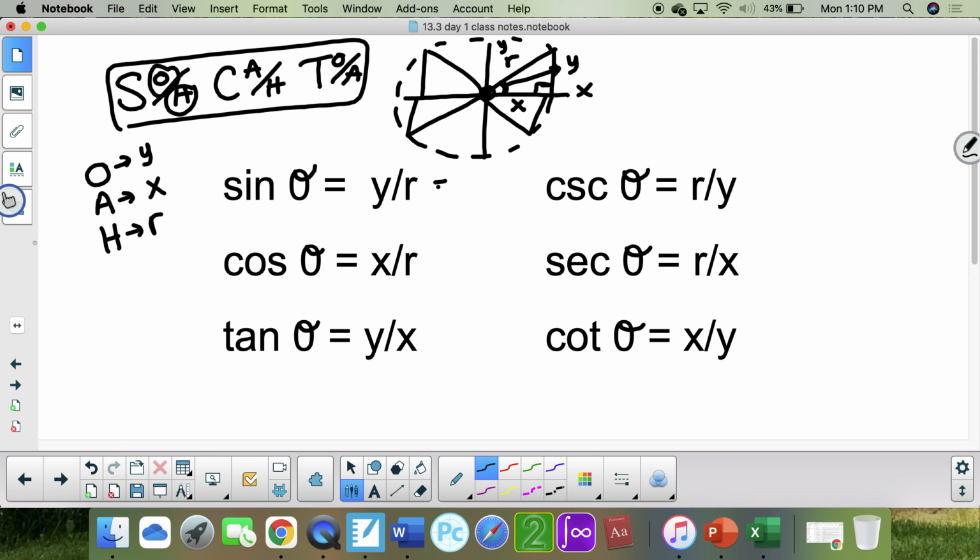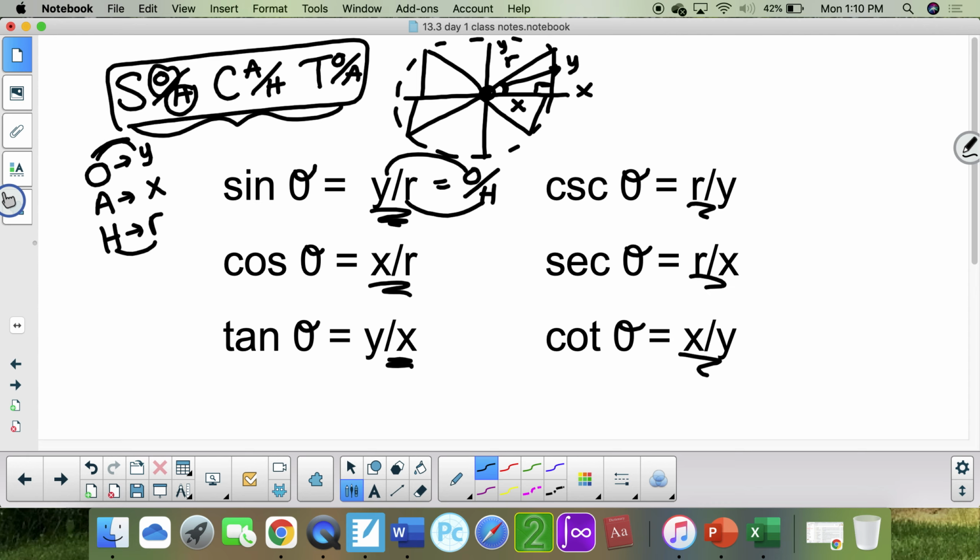So you guys know it as O over H, but in trigonometry, the O is the Y, and the H is the R. So we memorize it as Y over R, and the reciprocal is R over Y. The cosine is X over R or R over X, and the tangent is Y over X and X over Y. You can keep it this way, but if you take trig next year, I will refer to it in this form instead.